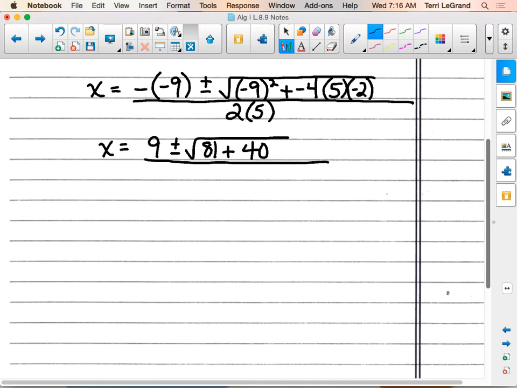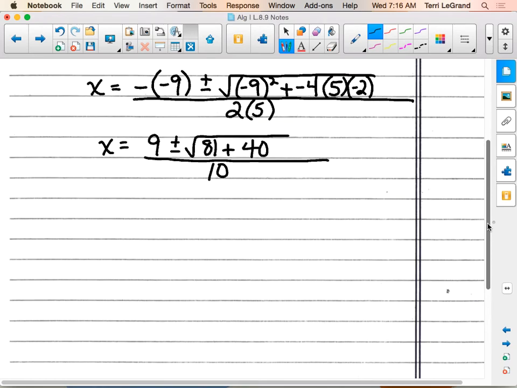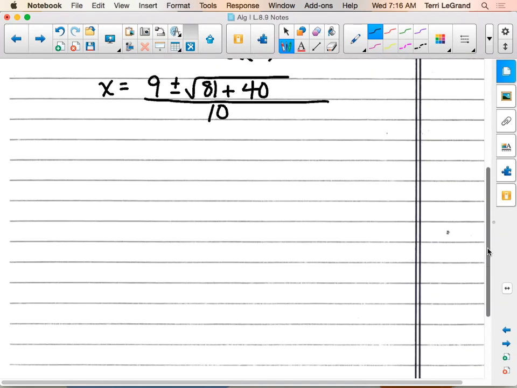And downstairs, 2 times 5, we have 10. Okay, x equals 9 plus or minus the square root of whatever 81 plus 40 is. That's 121, one of our perfect squares.